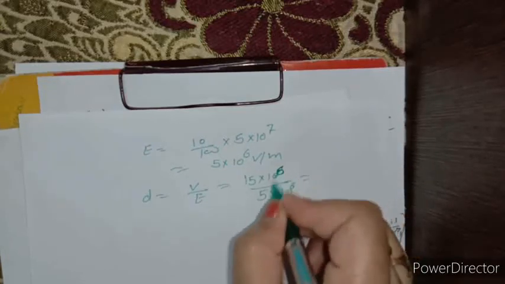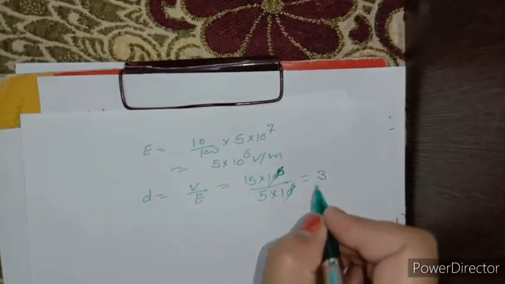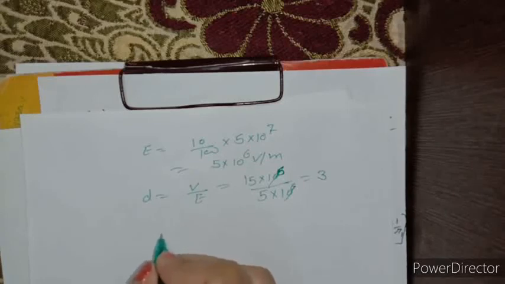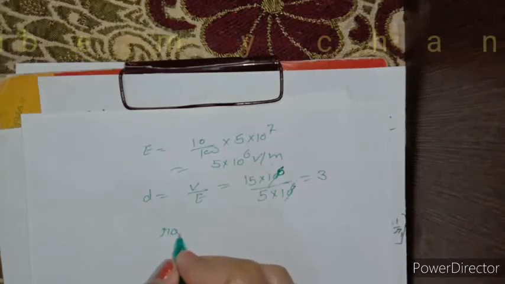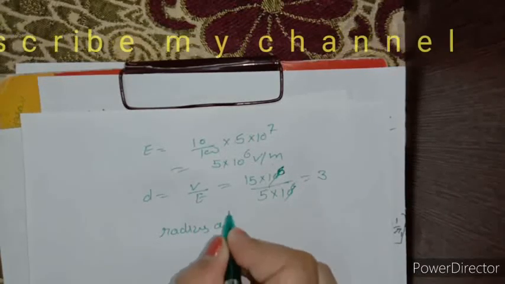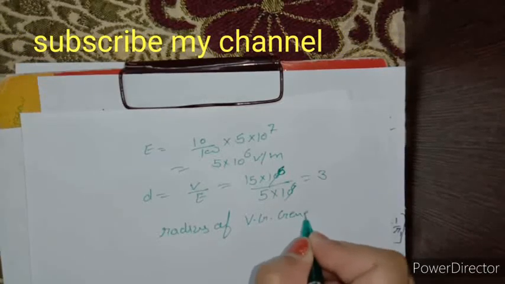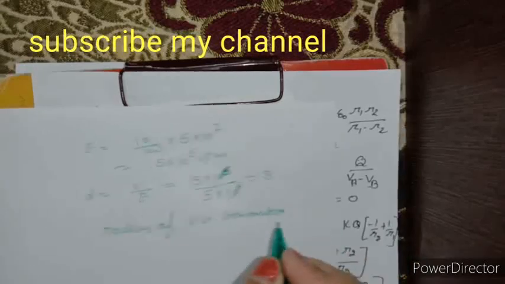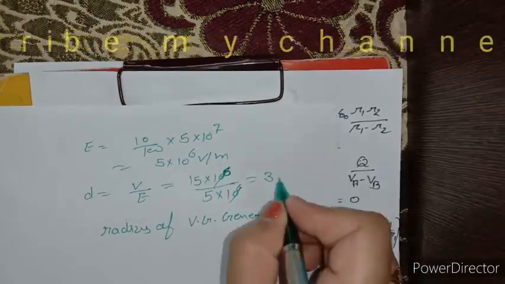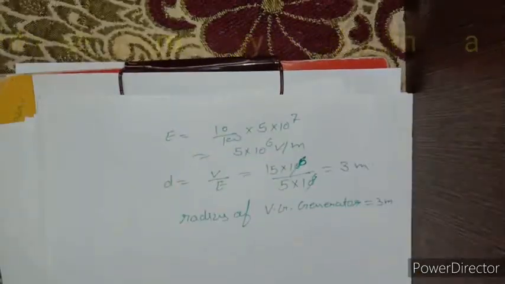So this cancels, and this will be equal to 3. So the radius of the Van de Graaff generator equals 3 meter. So this is question number 35.